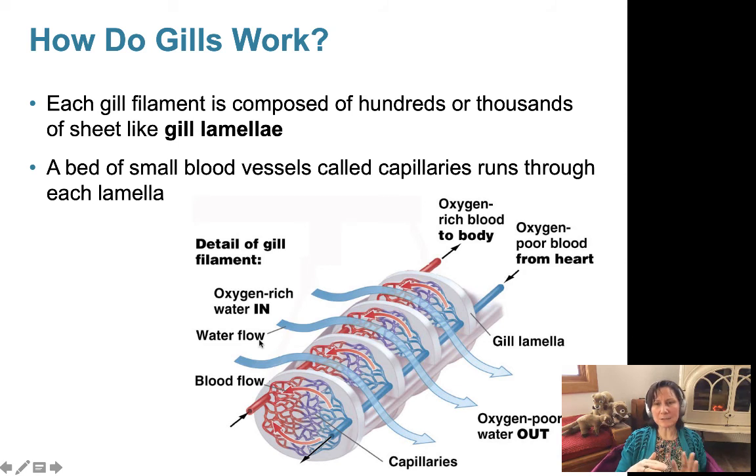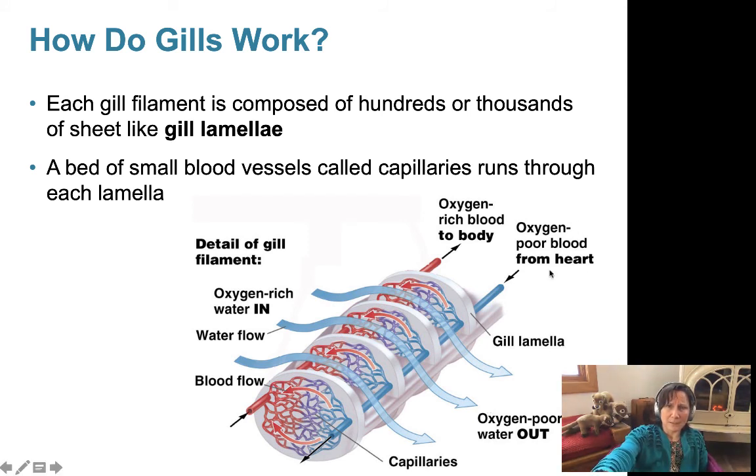So in the case of gill lamellae, what's happening here is what's called countercurrent exchange. So you've got water that's flowing across the gills here, right? And as water is coming, it's going to be oxygen rich, and then as it exits the gills, it's going to be oxygen poor, right? Because oxygen is going to be withdrawn out of it and into the gill lamellae.